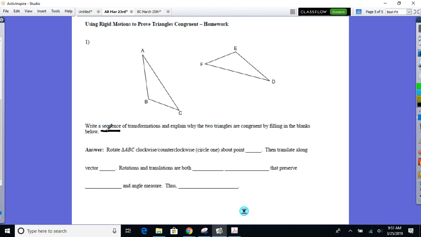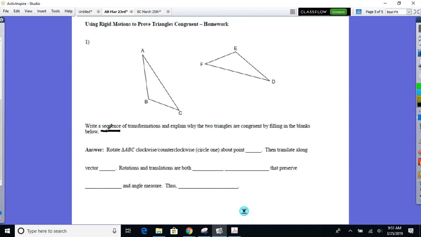Okay, so I'm going to start you off, and I'm going to say rotate ABC clockwise, counterclockwise, it's up to you, about a point, because there's no origin here. So I'm going to have to figure out a point to rotate around. What's a good point to rotate around?